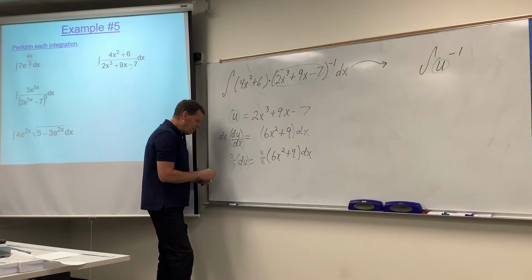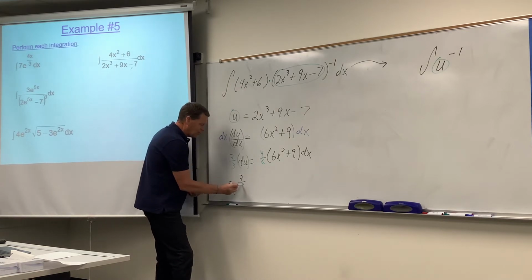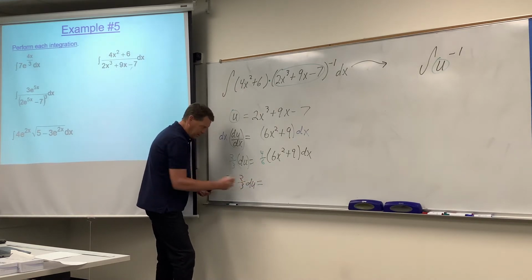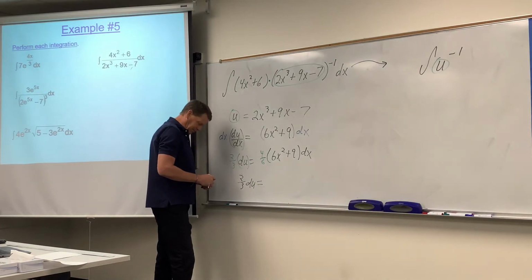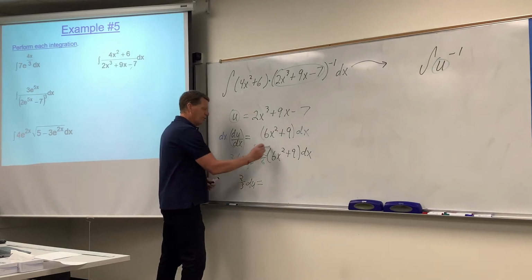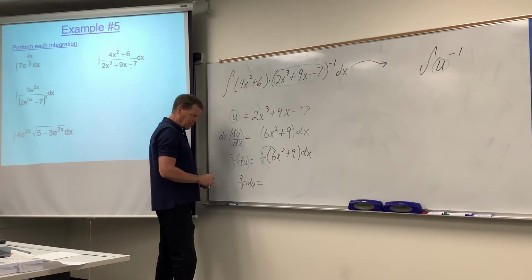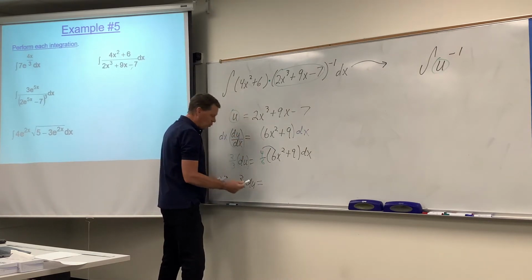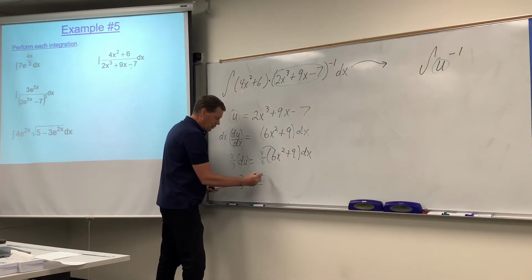All right, so if this is gonna work, and there's no assurance at this point that it's gonna work, because when we distribute that 4/6 to that first term, indeed it gives us the 4x squared that's in the original integral.